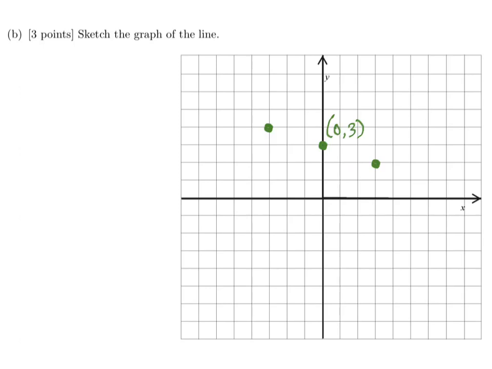We don't really need 3 points, but I plotted 3 points just to make it easier to sketch my line. And then there's the line. So we start with the y-intercept and then use the slope to get another point and connect the dots.